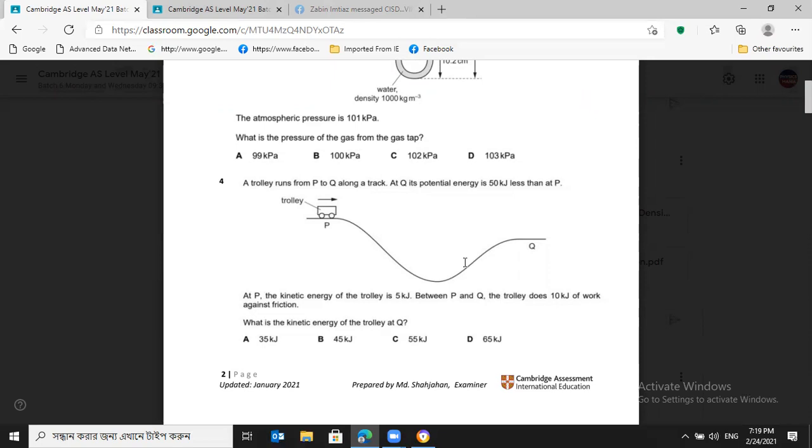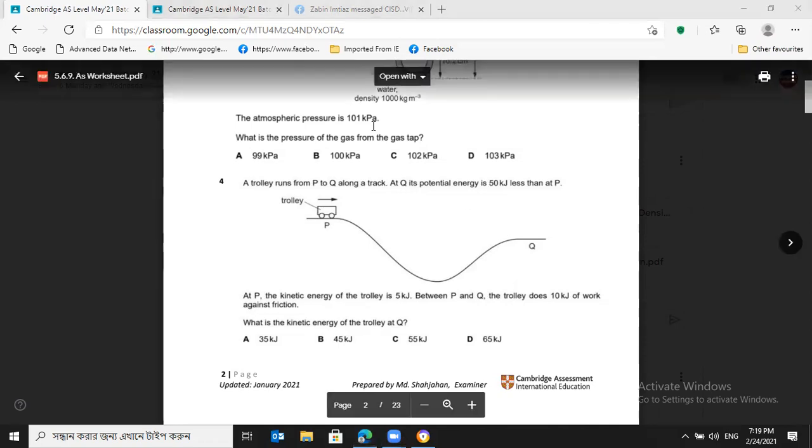So look at the information given. You see, a trolley runs from P to Q along a track. At Q, its potential energy is 50 kilojoules. So here the gravitational potential energy is 50 kilojoules, right?